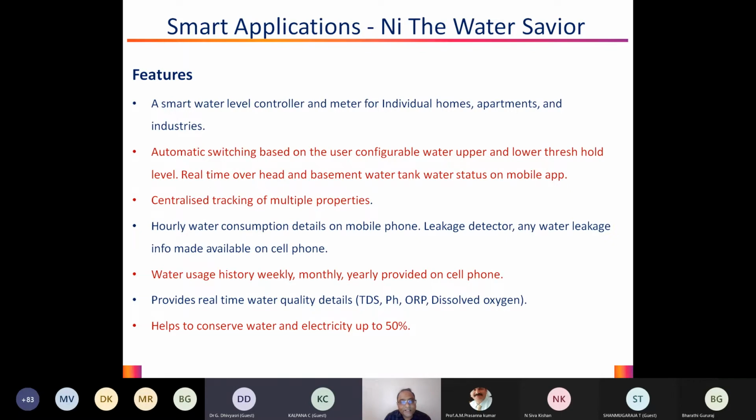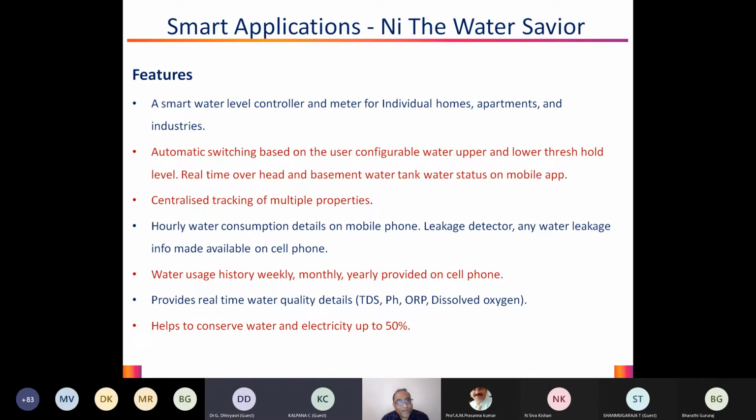It looks like any conventional water motor, but the only thing is that it is a very smart water saviour. It will give you a real-time analysis of how much water is there in both the tanks, and what level of water consumption is done on an hourly basis, on a daily basis, or even historical usage data.